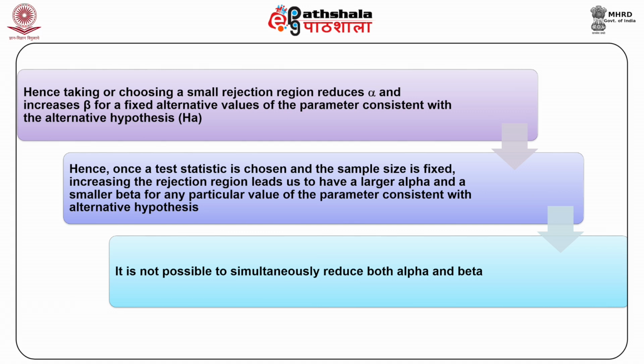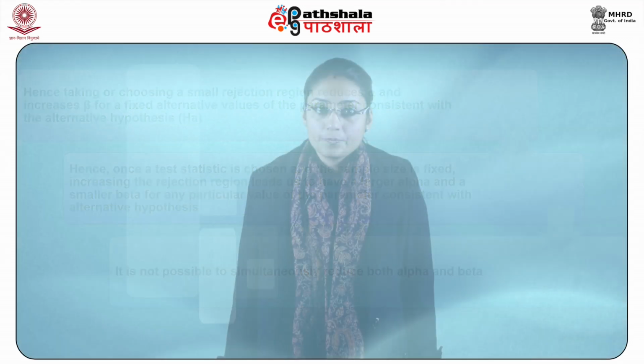Once a test statistic is chosen and the sample size is fixed, increasing the rejection region leads to a larger alpha and a smaller beta for any particular value of the parameter consistent with the alternative hypothesis. It is not possible to simultaneously reduce both alpha and beta.